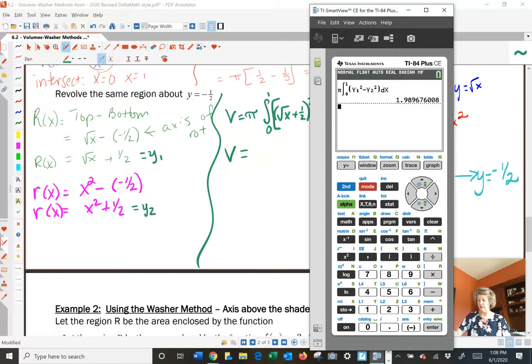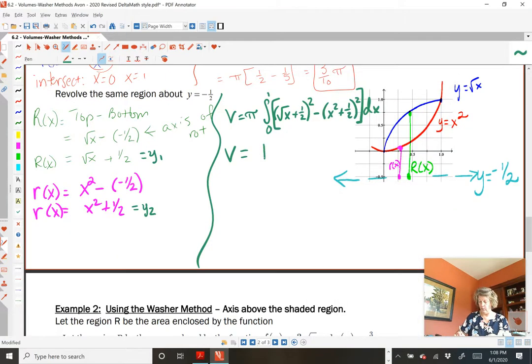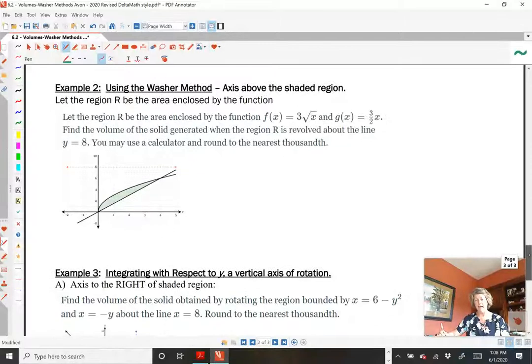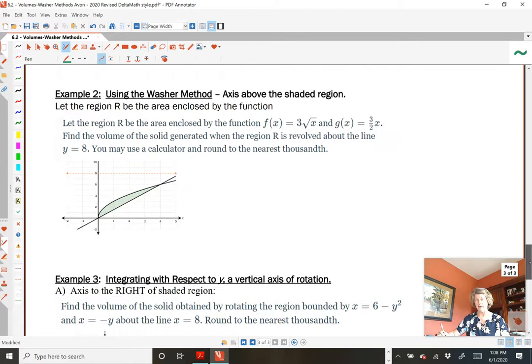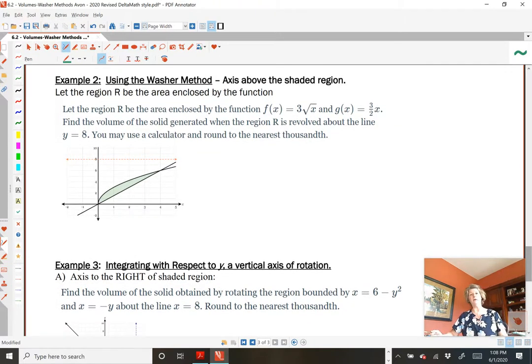So final answer ended up being 1.990. So practice that. Use your calculator. Homework today is on Delta Math, and that is asking for 3 decimals of accuracy. So definitely use your calculators today. You do not have to integrate by hand.